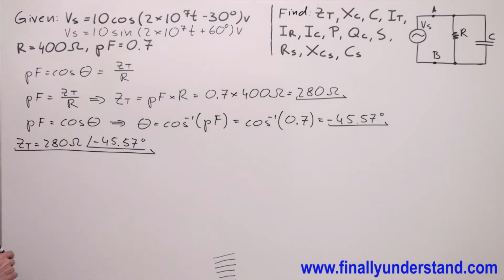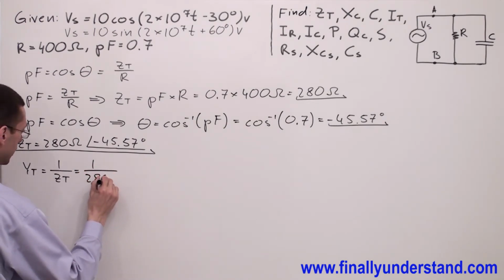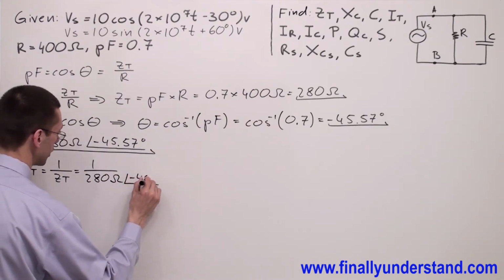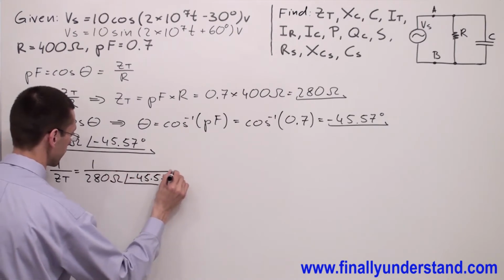Now, in order to find X of C, I'm supposed to find first Y total. Okay, so total admittance is equal 1 over Z total. This is equal 1 divided by 280 ohms and angle of negative 45.57 degrees.